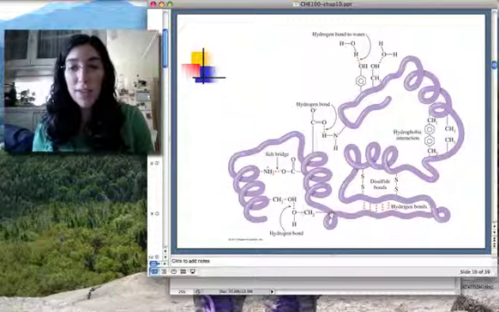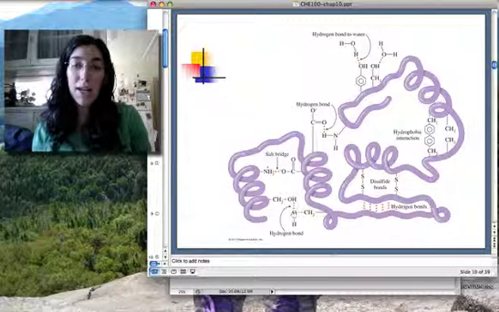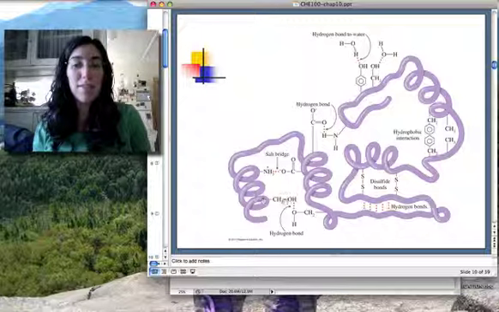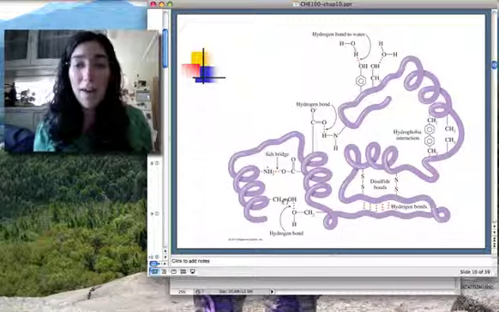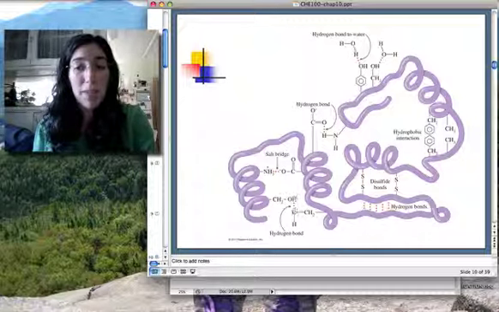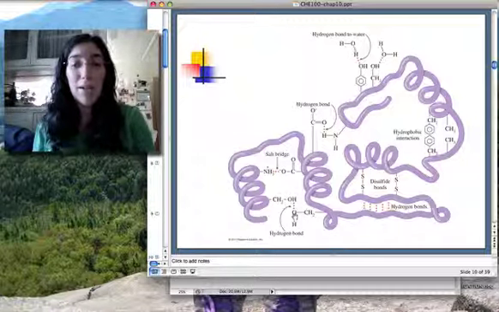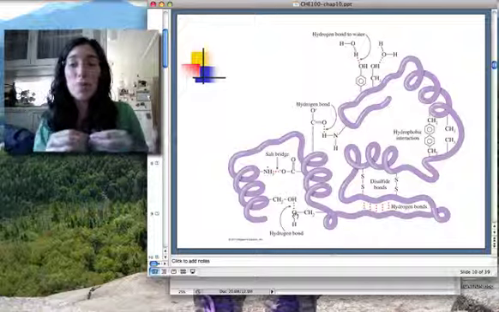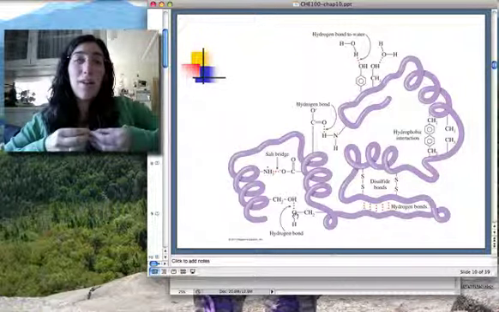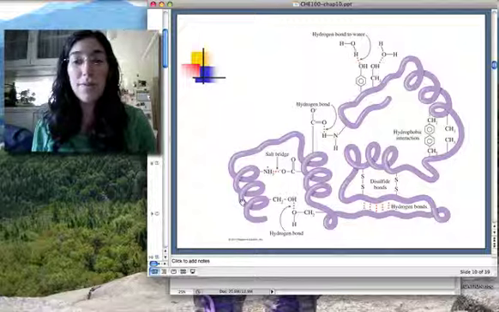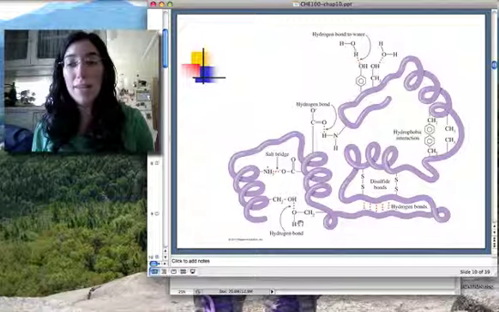So here's a side chain sticking off this part of the protein, another polar side chain sticking off this part of the protein. They both have OH groups. They both are able to hydrogen bond with each other. So you get a hydrogen bond here, which is a fairly strong attraction that helps keep that protein stable in that state.